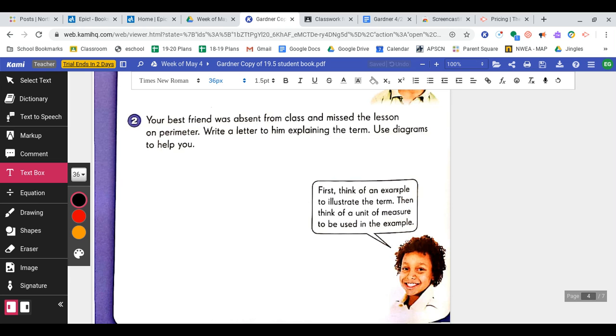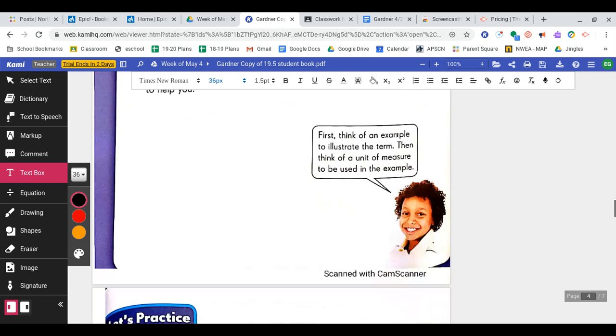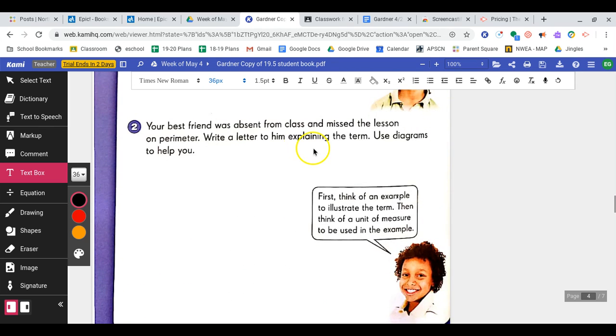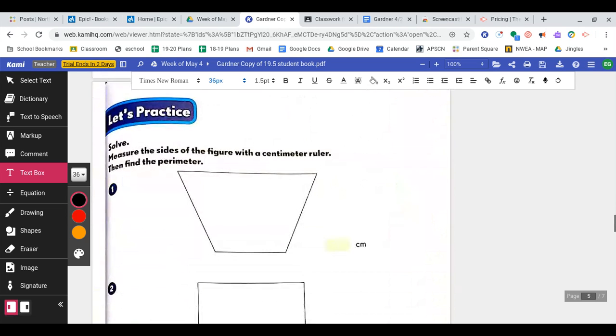If you've got younger siblings, you could explain to your younger sibling and maybe draw out a shape and talk about how you find perimeter. It helps sometimes to explain something to somebody else to have a really good understanding yourself. So this wouldn't have to be in writing, but I would recommend doing that if you've got younger siblings who you could do it with.